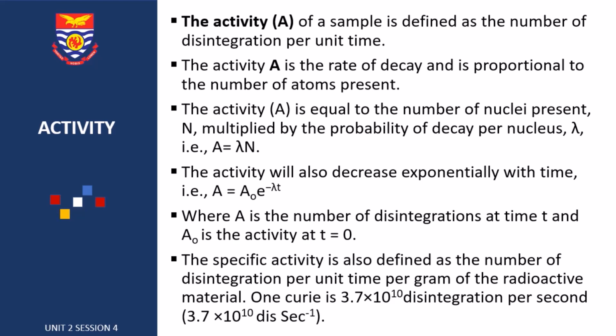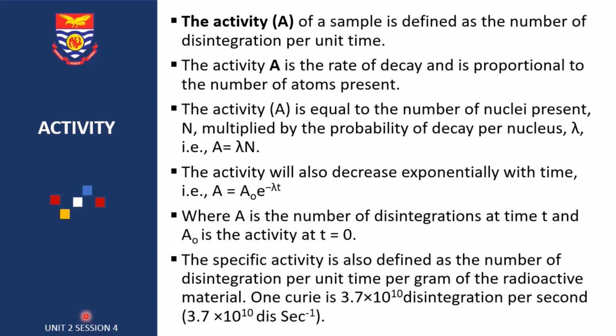It is directly proportional to the number of atoms present. So a radioactive compound with more radioactive elements would disintegrate at a different rate as compared to a radioactive compound with less radioactive elements.